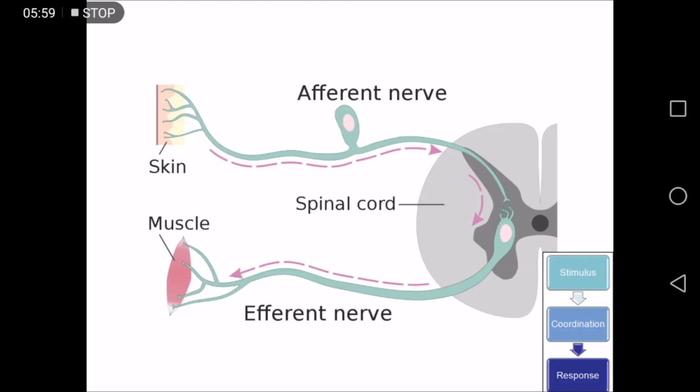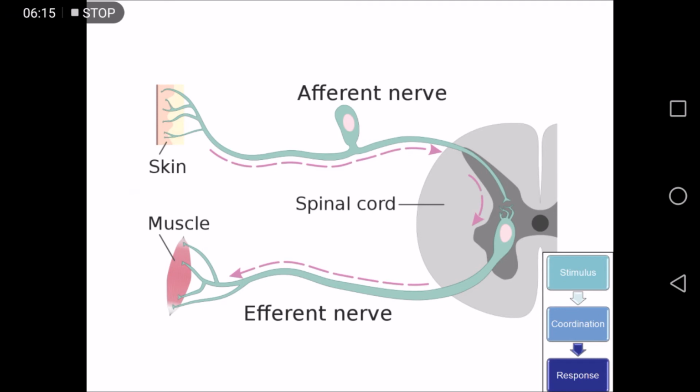So we see an example here. This is skin, then you have muscle. Skin is where we have those 5 receptors. Remember, heat, pain, cold, pressure. For example, this is a pain receptor.